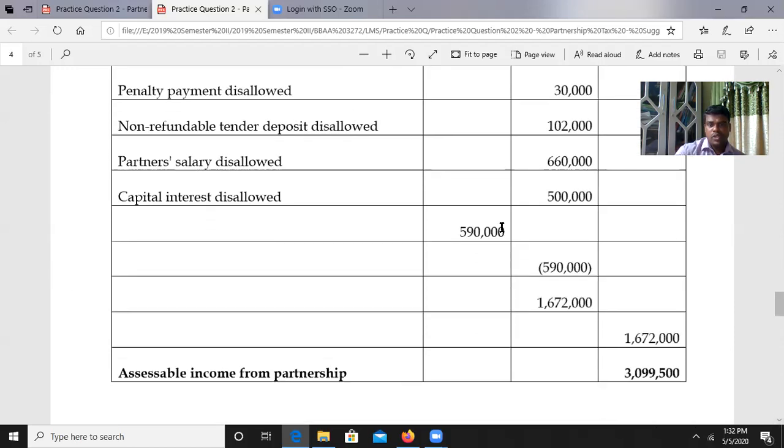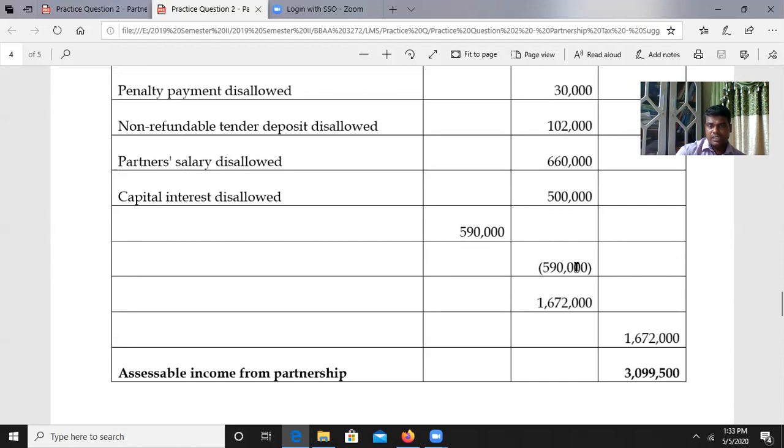First, you have to calculate the total amount in the minus column. According to this calculation, total value of the minus column, which is 590,000, that 590,000 should be deducted from the plus column.